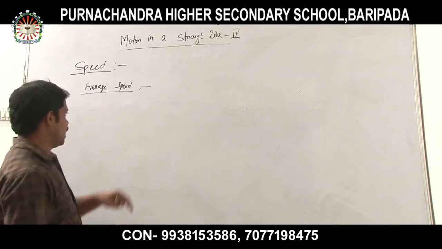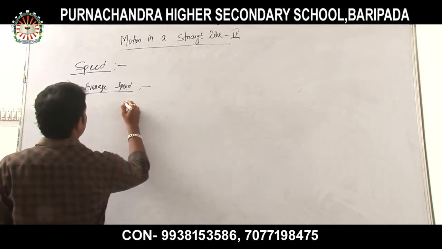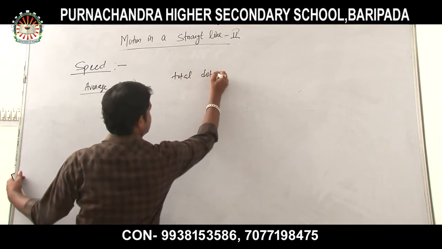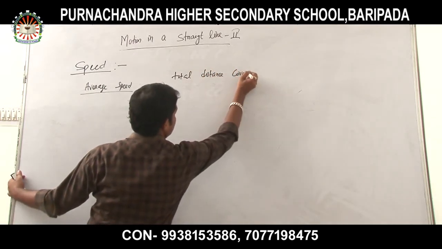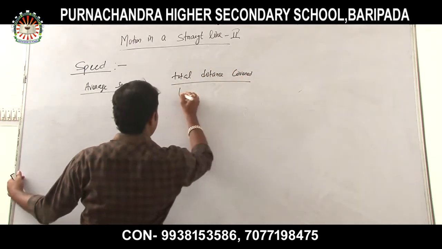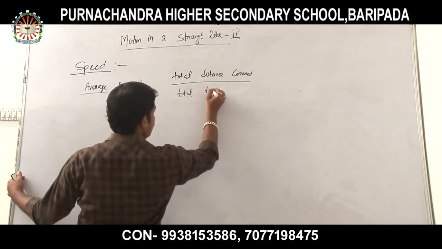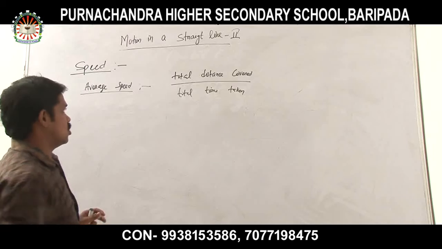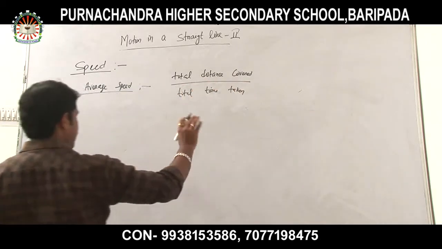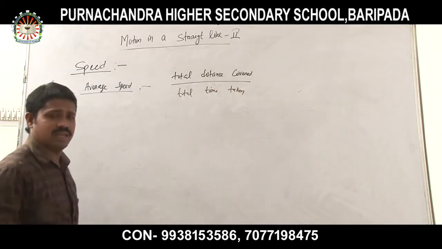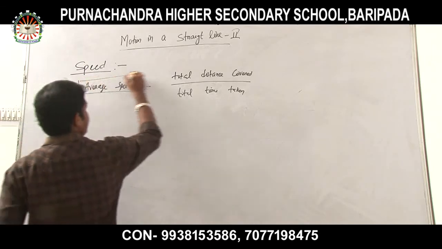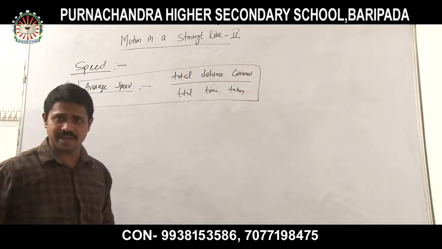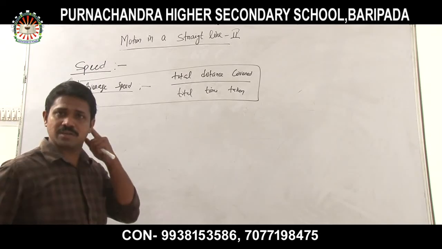Understood? So total distance covered divided by total time taken. This is your average speed. In this way we can calculate the average speed of the same object.